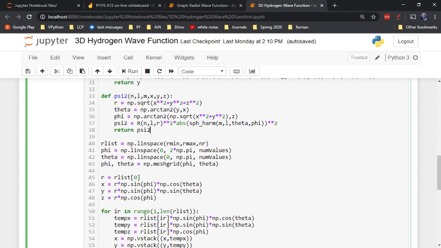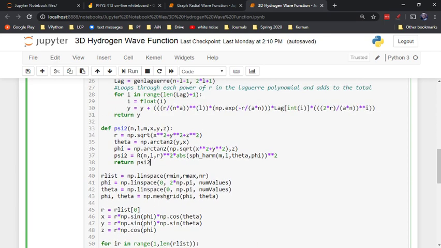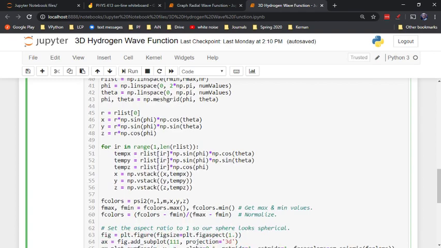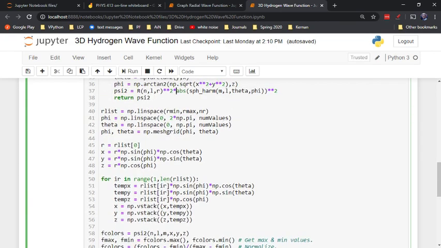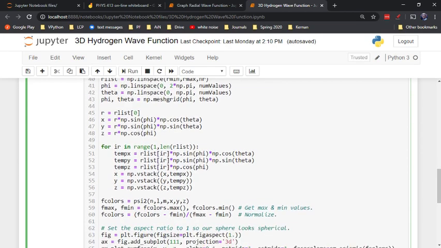Now, in order to get this grid stuff to work, I had to convert between Cartesian and spherical coordinates. That's all these three lines are. You can find these in any upper-level physics or upper-level math textbook, the conversion between spherical and Cartesian coordinates. It's pretty straightforward stuff. Here we create a list for all of the independent variables.